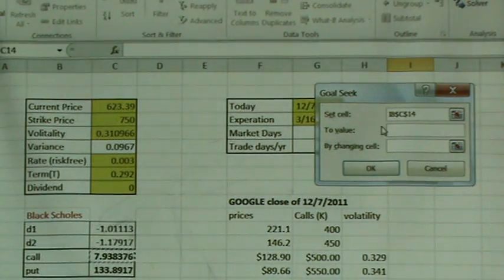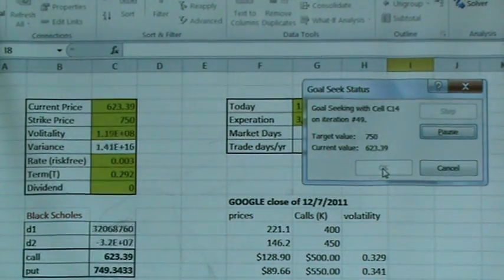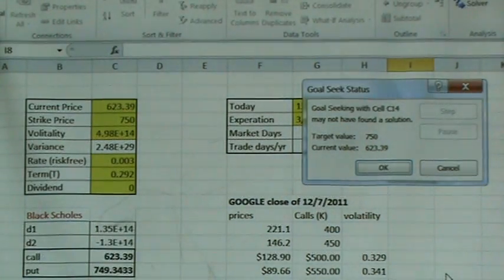This box becomes 750. Again, yeah, I can't calculate that far out.